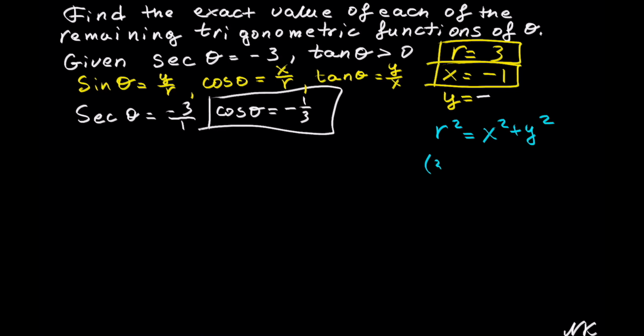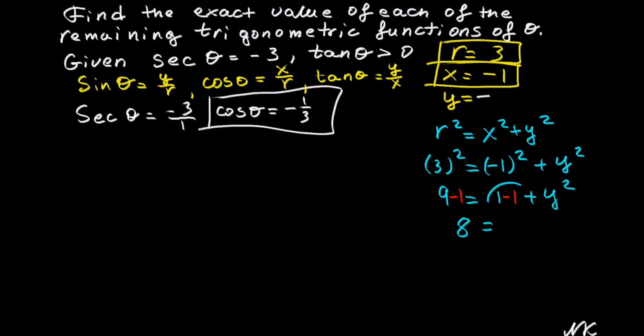We have r is 3, so 3 to the second equals x is -1, so (-1) to the second plus y squared, and we get 3 times 3 is 9 equals -1 times -1 is +1 plus y squared. To solve for y squared we need to subtract 1, so let's subtract 1 on both sides. 9 minus 1 is equal to 8. This adds up to 0, so we have y to the second.